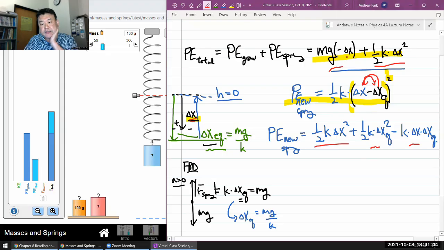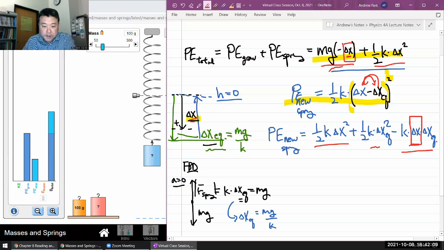Remember, delta x is a variable, so you have to treat it carefully. I have here one term with a linear term of delta x, and I do have a linear term of delta x here, and they both have a negative sign in front of it. It would be nice if I could somehow show that this term is the same term as this.